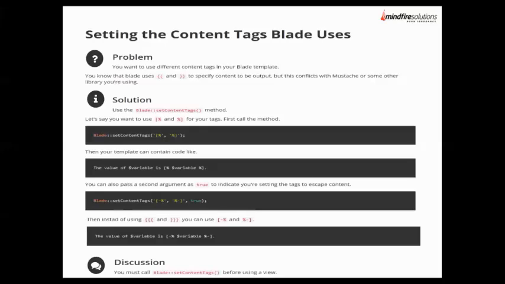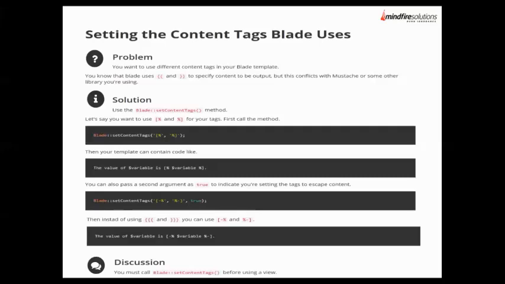So you have an option where you can replace your Blade template tag with the tag you want. There is a function called Blade::setContentTags, and if you want to use a different tag, you just need to pass the opening tag and closing tag.